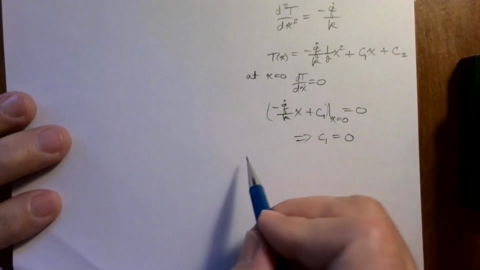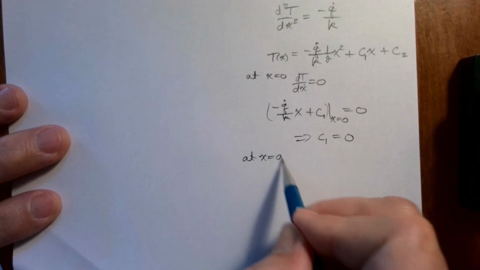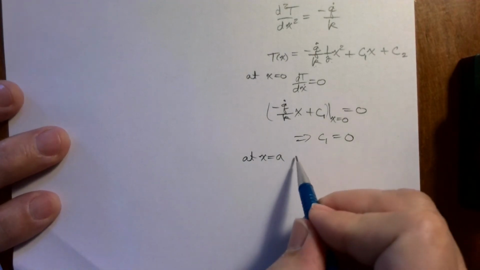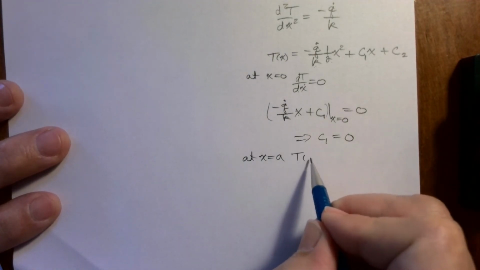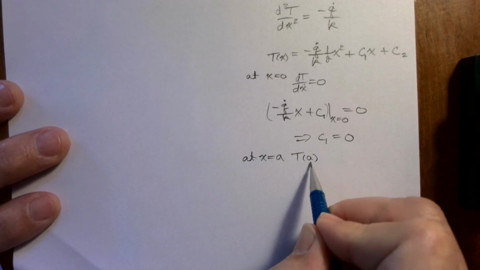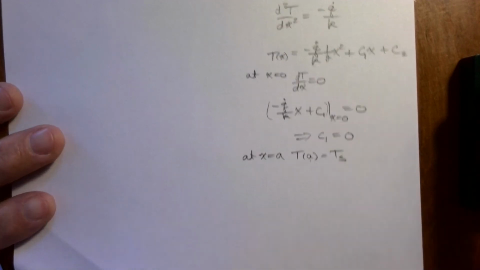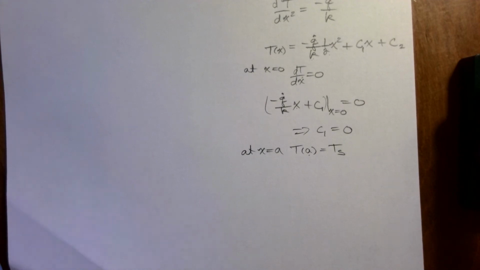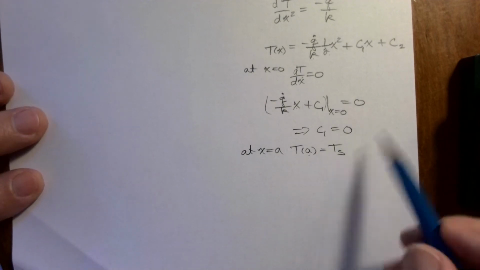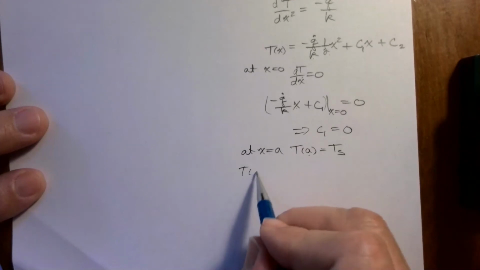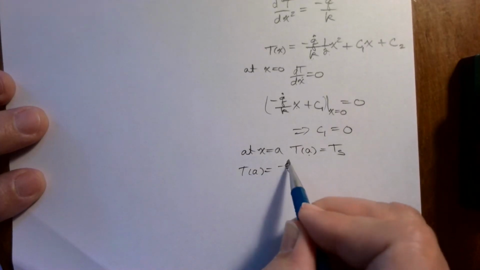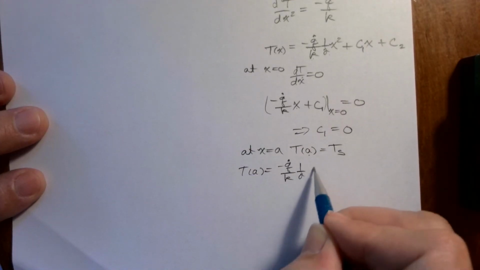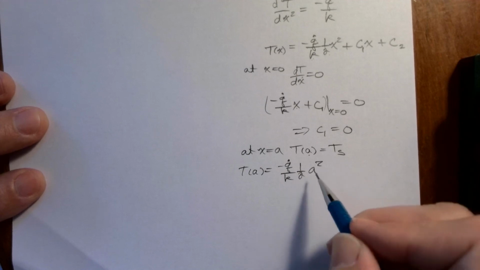For the second boundary condition, at x equal to A on the other side, the temperature at A, where we substitute in A for x, is equal to 150. So T surface. Let's take A and substitute that into our equation above. T at A is equal to minus Q dot over K times 1/2 A squared.